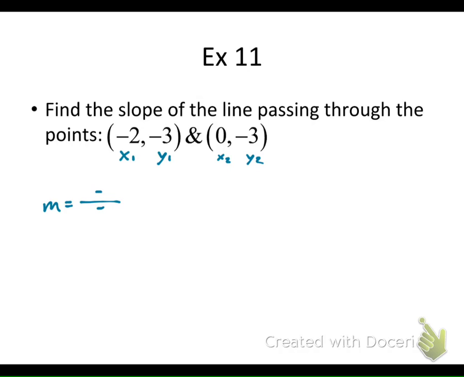Y1, x2, y2. Okay. Danielle, what are the top 2 numbers? What's going to go right here? Mm-hmm. And then on the top right? Mm-hmm. Same thing, because both y values are -3.